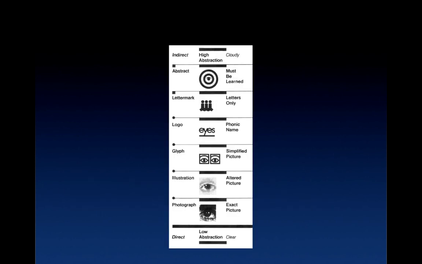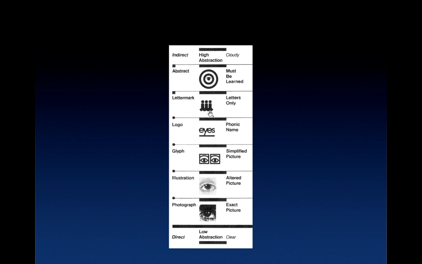So in our textbook, we have this diagram, and it shows everything from high abstraction down to photographic realistic imagery. In this case, we're thinking about the human eye. So we could represent it with a photograph very realistically, or we could abstract it down to just plain circles, so much so that people don't get it.